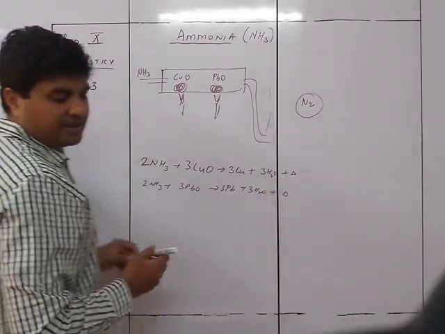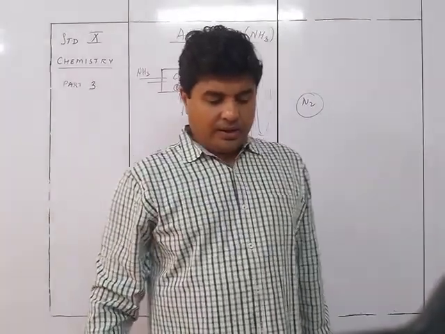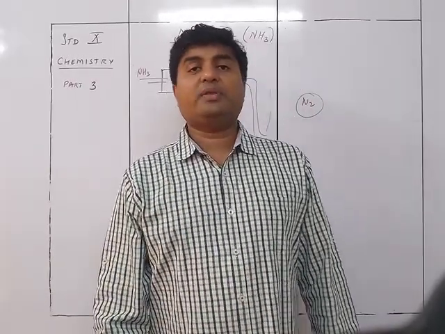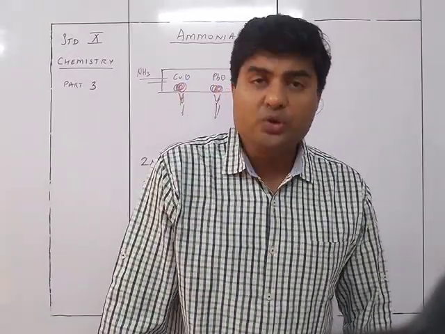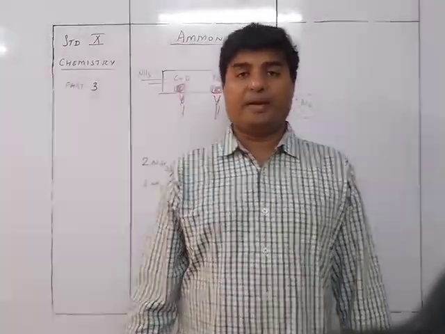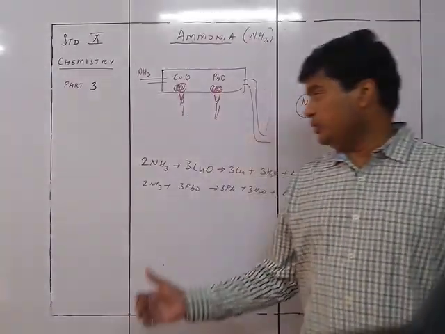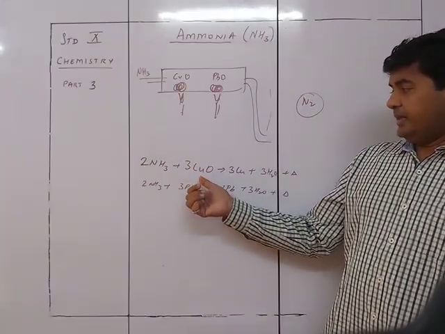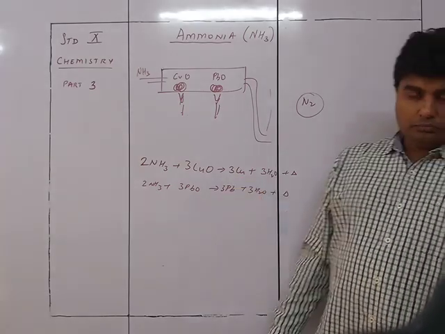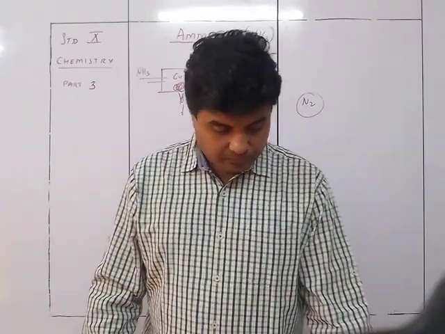So this is the reaction which is going to take place when metallic oxides react with ammonia, ammonia being a reducing agent, it is going to reduce the metallic oxides to metals. Hence ammonia can be used as a reducing agent, where you can see that oxide of copper and lead got converted into copper and lead metals.